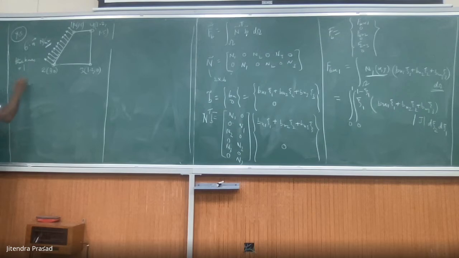This is a vector which will be F, and then we have fx1, fy1, and there are 4 of them: 1, 2, 3, 4. So fx2, fy2, fx3, fy3, fx4, fy4.